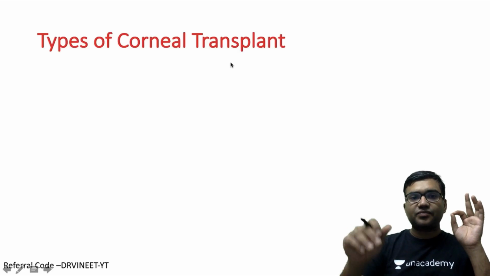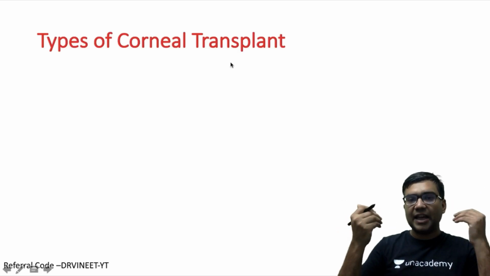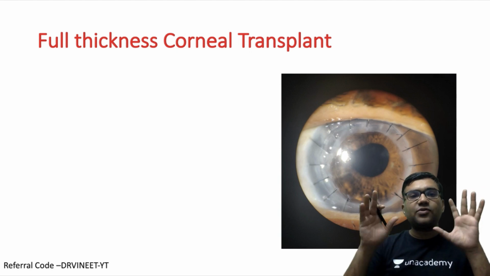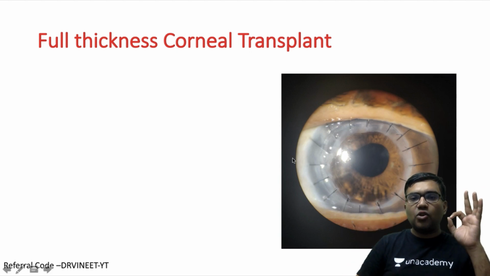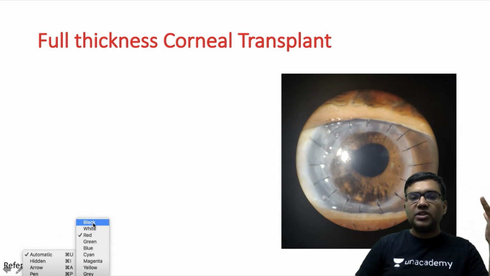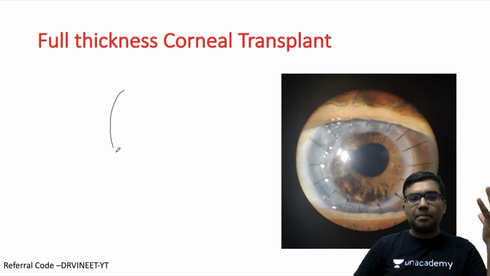Now what are the different types of corneal transplant? First is full thickness corneal transplant. So what is full thickness corneal transplant? We remove the whole part of the cornea. Let's say this is my cornea, these are my 5 layers.